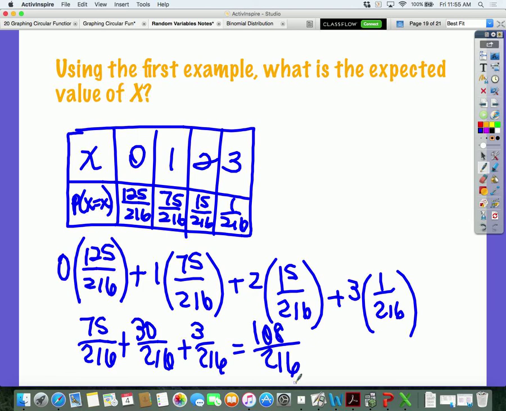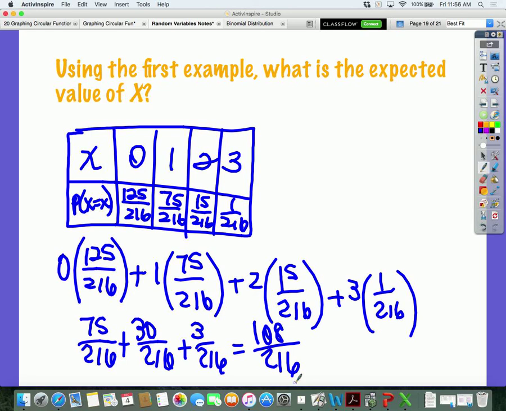So out of all the possible combinations we could have, those 216 possible combinations, that's the expected value for us too. What is an expected value?